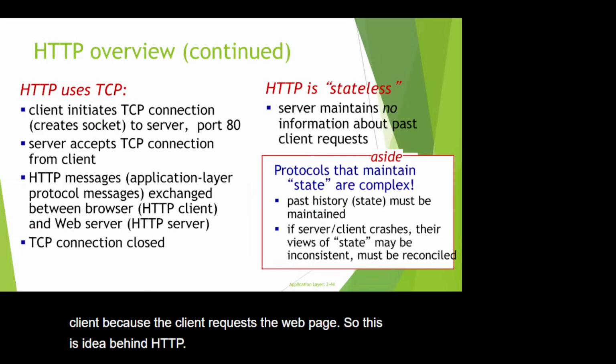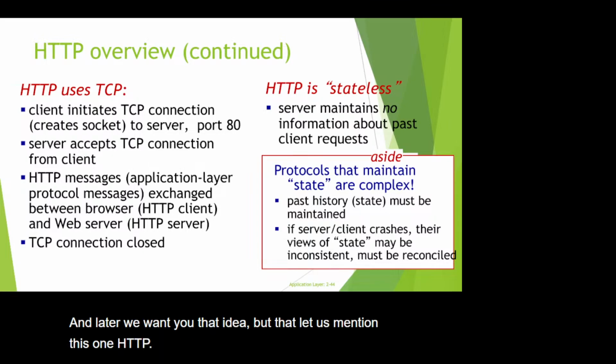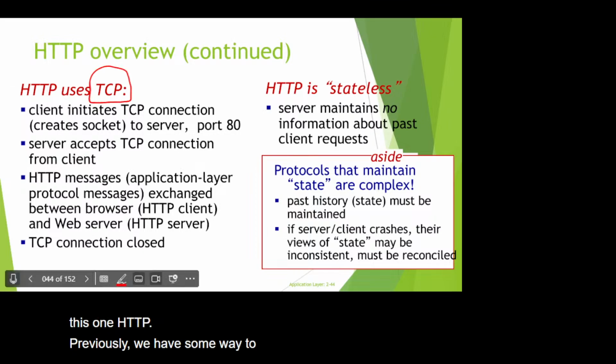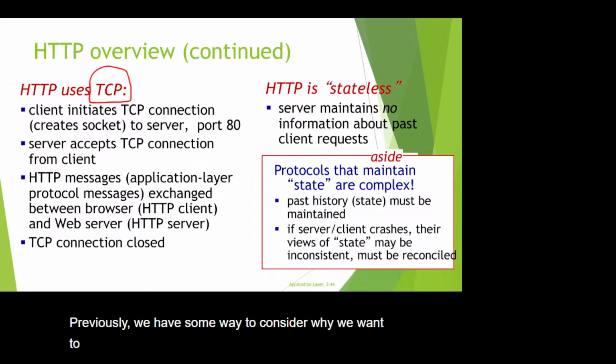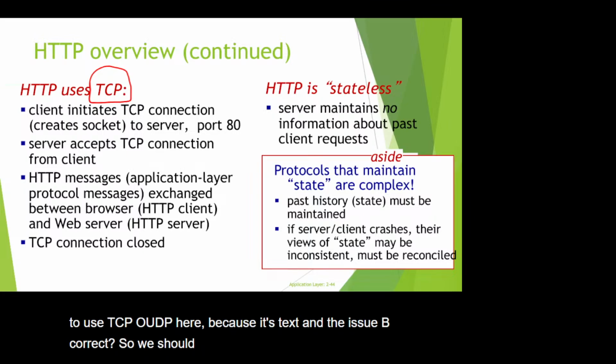And later we will use that idea, but let us mention this one. HTTP, previously we considered why we want to use TCP or UDP. Here, because it's text and it should be correct, we should have the reliable service.